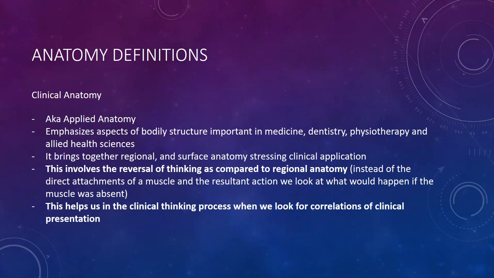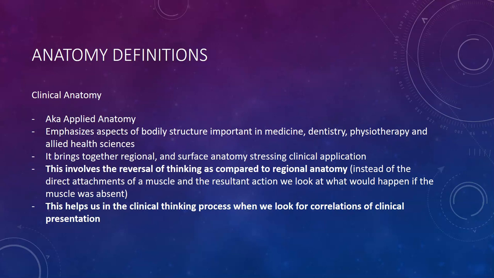We say that this involves the reversal of thinking as compared to regional anatomy. So instead of the direct attachments of a muscle and the action, we look at what would happen if the muscle wasn't there or the muscle wasn't working. By me telling you that a muscle has an attachment A and attachment B, and it does this movement, when we're looking at clinical anatomy and the application of helping a patient, it is the knowledge of what a muscle does that helps us.